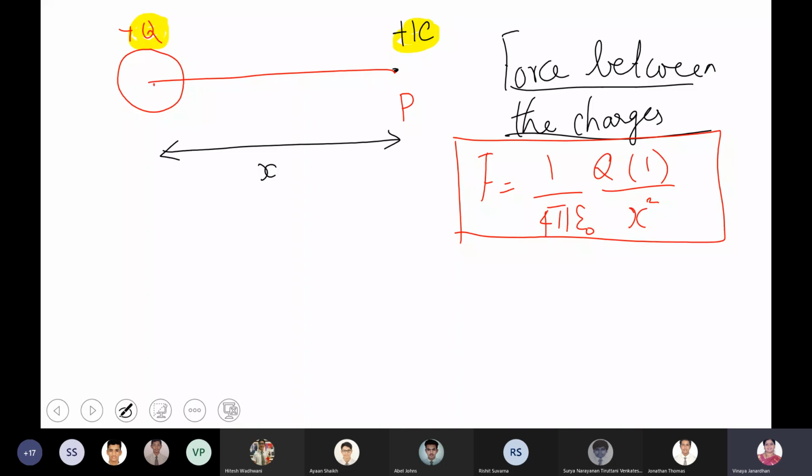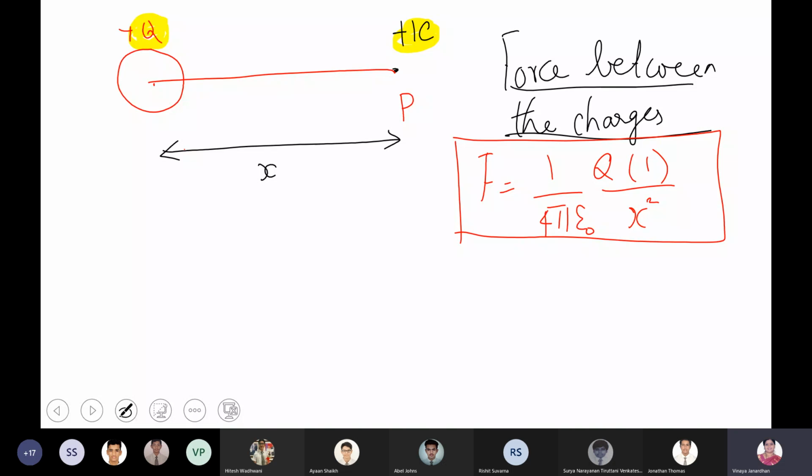For that, I am putting a charge of plus 1 coulomb at point P. Now you have two charges. What is the distance between the charges? X. So what will be the force between them? F is equal to 1 by 4 pi epsilon naught Q into 1 divided by X squared.